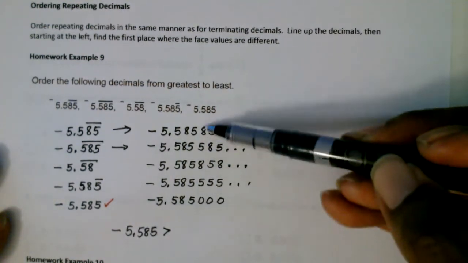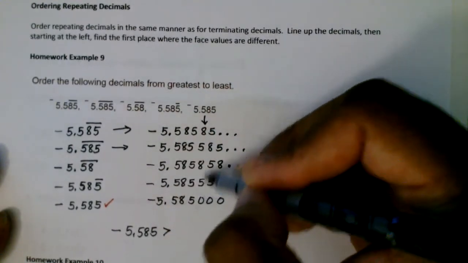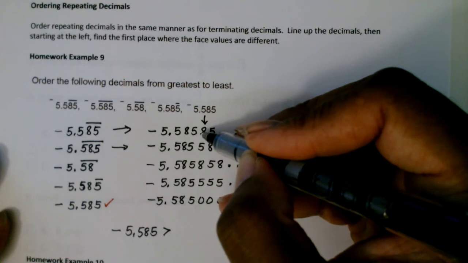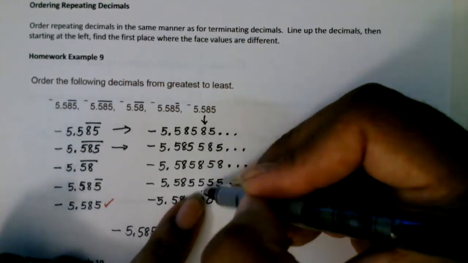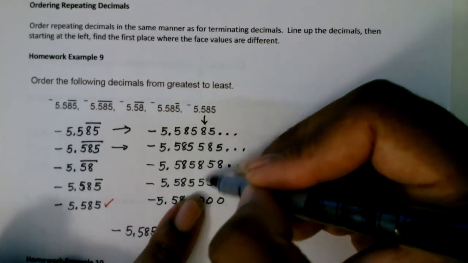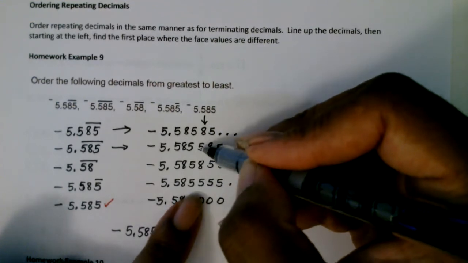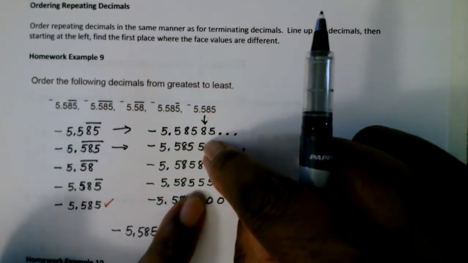I'm going to put a check mark here so that I won't include that one, because I'm looking at this place value position right here. All right, so I'm done with that. I need to just focus on the remaining 4. These 2 are less than 8, so let's look at these 2 right here that I'm pointing at, where the 5 is.